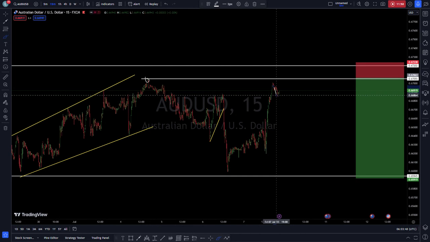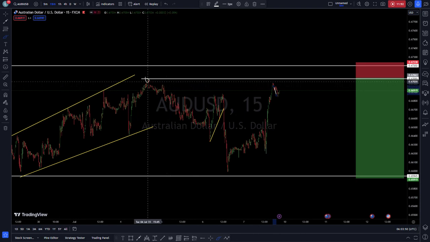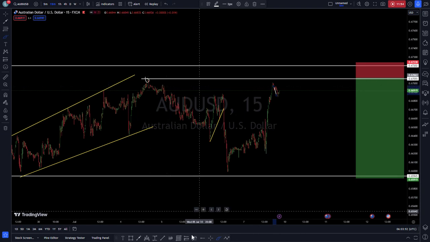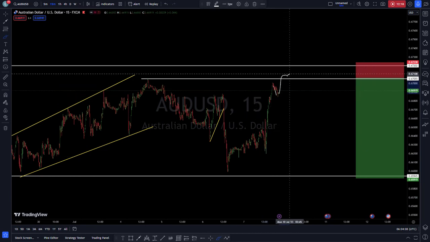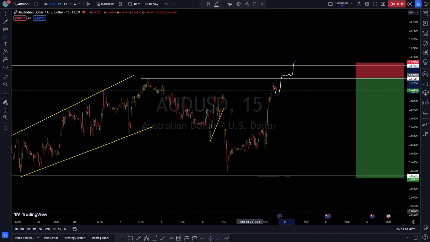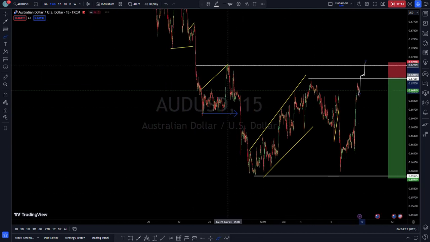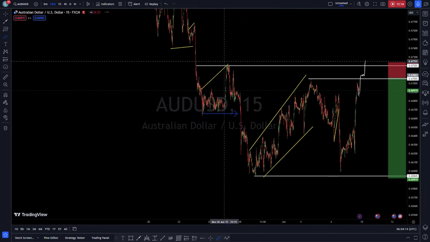But 9 out of 10 times when price action didn't tag a high or low, it will still come back to break this high. It might still come back to break this high or even break this other high here.